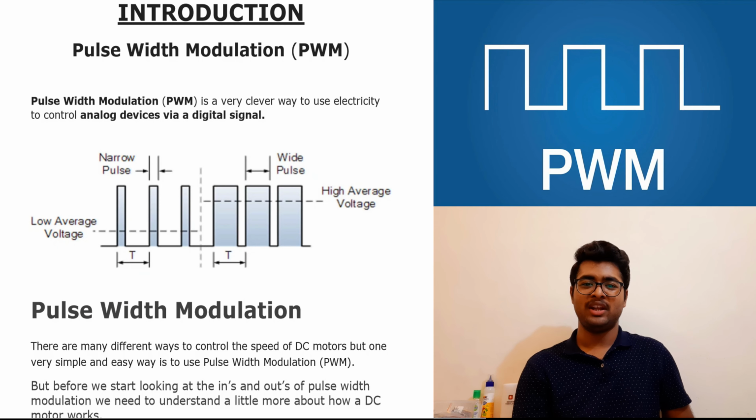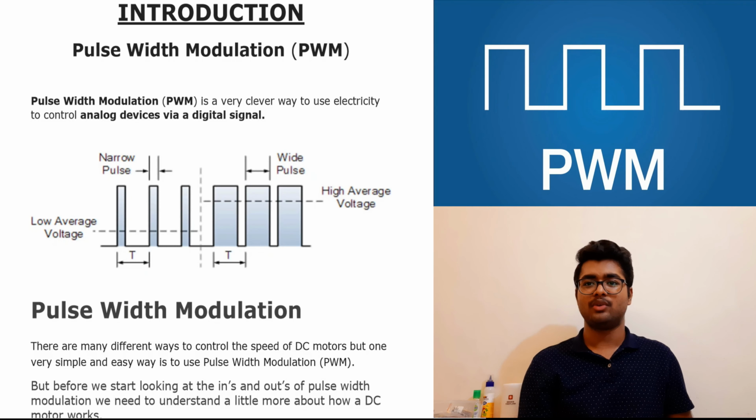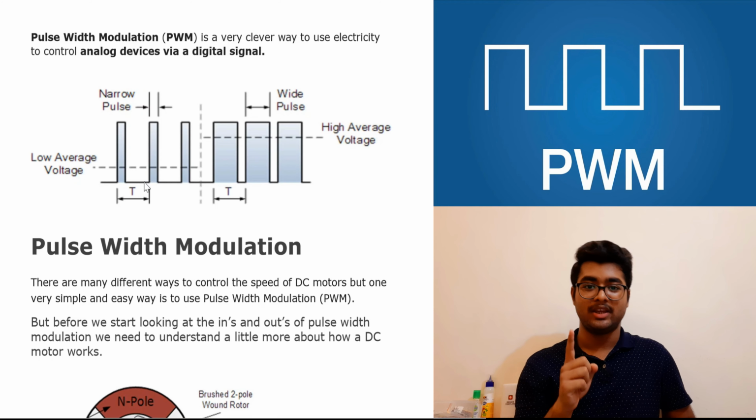As I told you, the main significance of PWM is controlling analog devices using a digital signal. That's the main point. PWM is a very clever way to use electricity to control analog devices via a digital signal. Now here is the main concept of what PWM is. Note it very carefully.